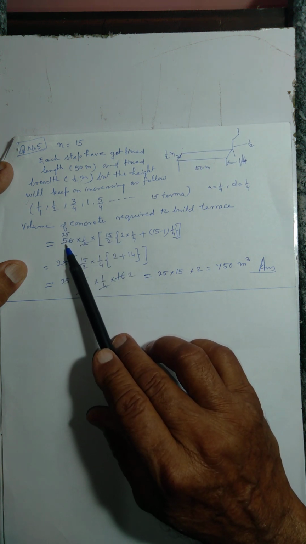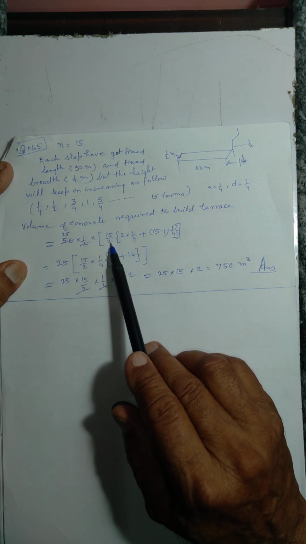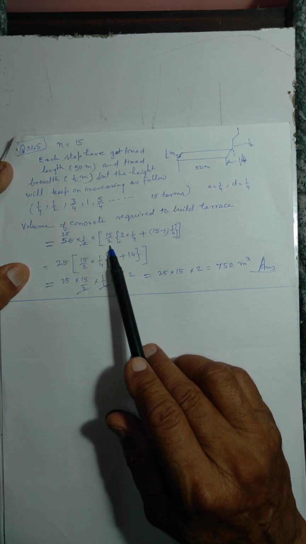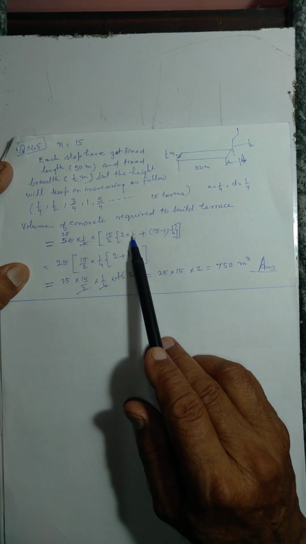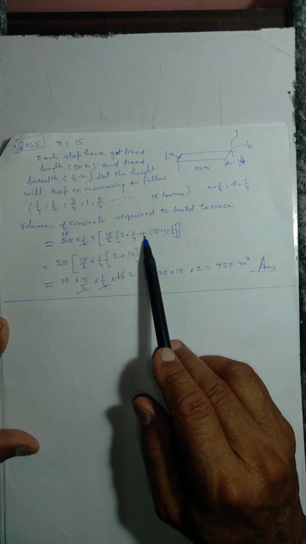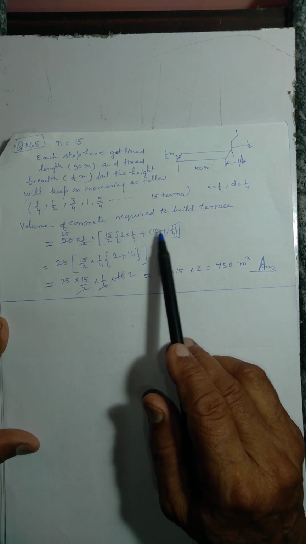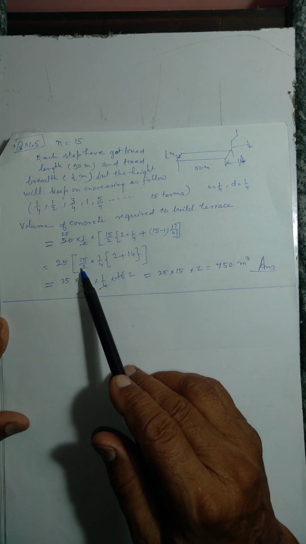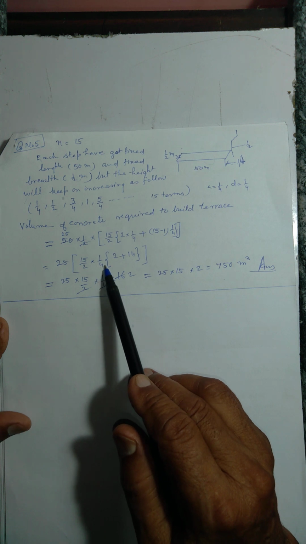So you see, 50 into 1 by 2 into, inside the bracket, I have written the sum of these 15 terms. The sum will be 15 by 2, inside the bracket 2 into 1 by 4, that is 2 into a, the first term, so 2 into 1 by 4 plus (15 minus 1) into 1 by 4, bracket closed. You solve it, you will get 25 in the bracket 15 by 2 into 1 by 4.